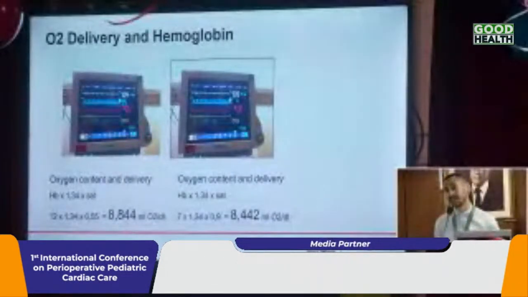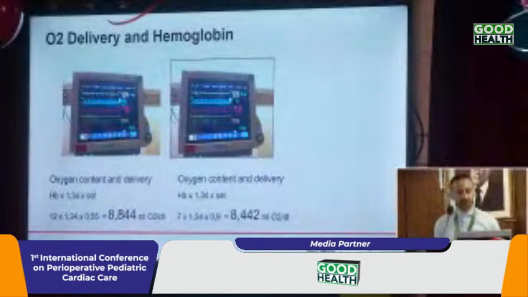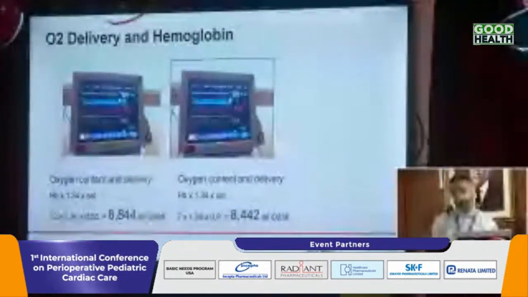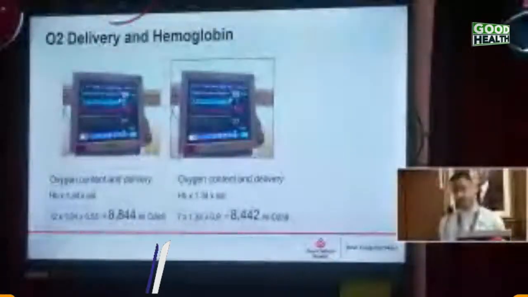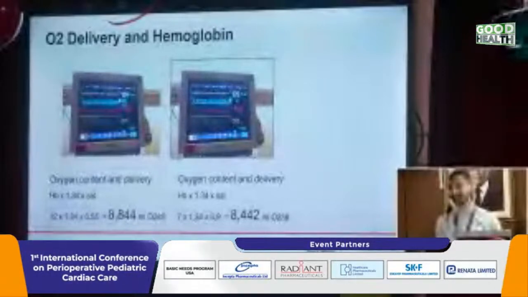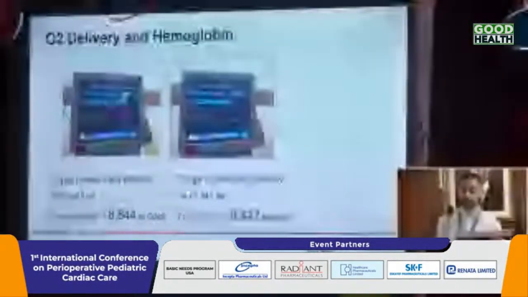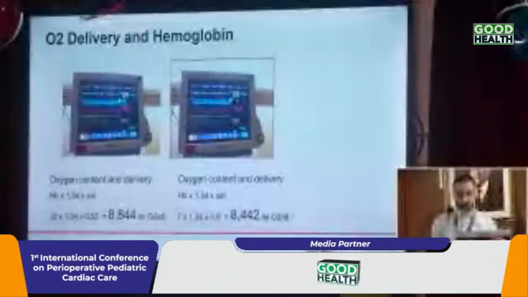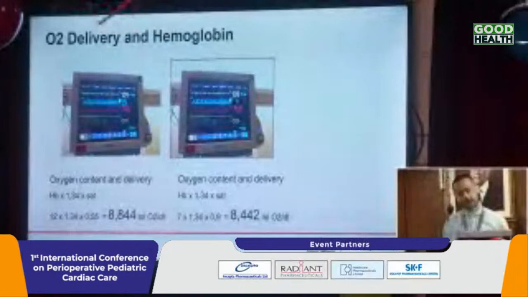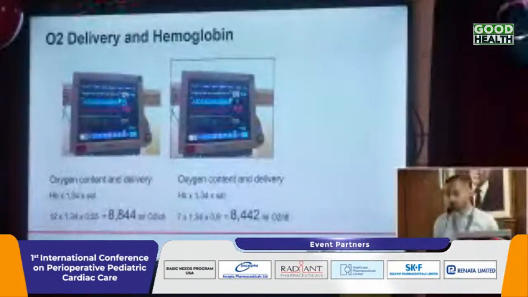So when we actually look at the oxygen content, not so paradoxically, the first patient is actually delivering way more oxygen than the second patient. If you measure a serum lactic acid level, for example, the first patient is probably not going to have a high lactic acid level despite the low hemoglobin saturation. The second patient might.